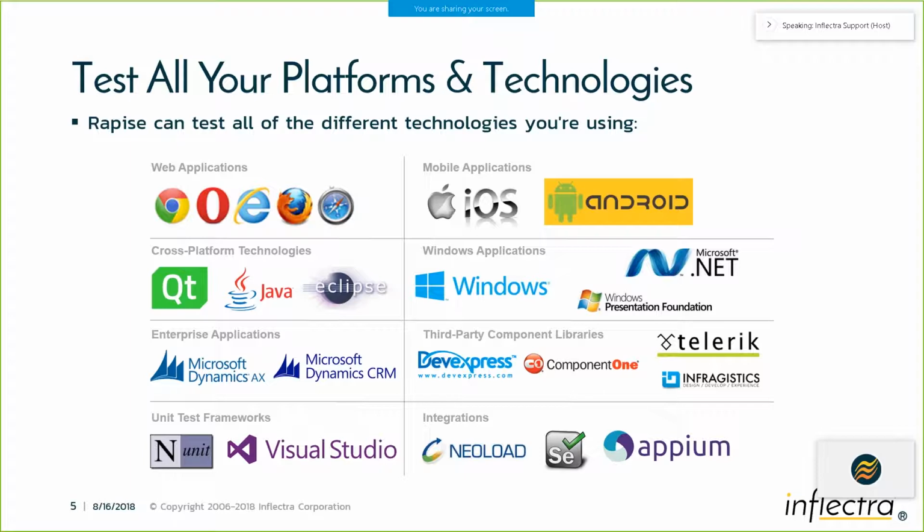In addition to that, we've built on top of that core framework special libraries that are designed to handle certain known large applications. So things like Microsoft Dynamics, Microsoft CRM, Microsoft Dynamics 365, Salesforce, SharePoint, applications like that have large complex controls. We've built some pre-built functionality where Rapise actually identifies those applications and knows how to handle them.